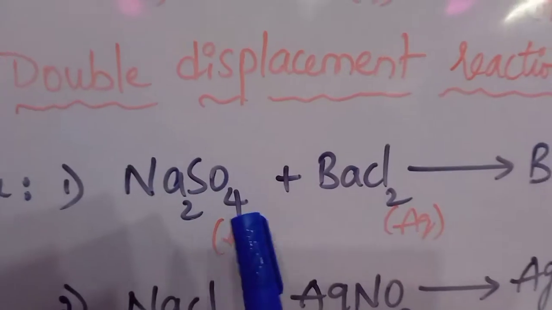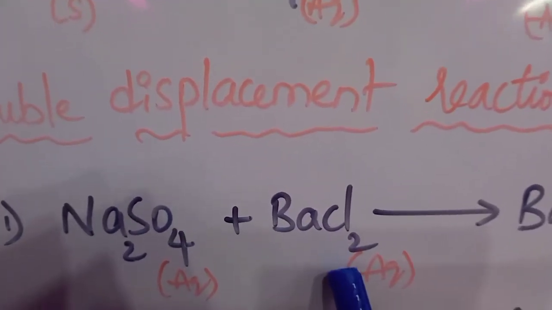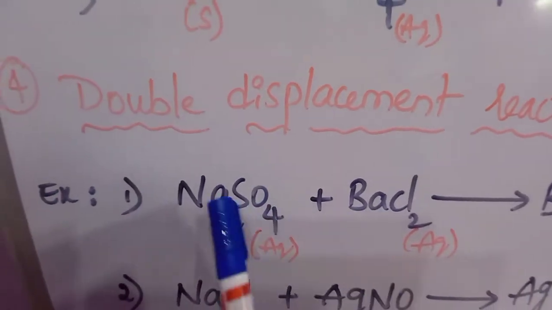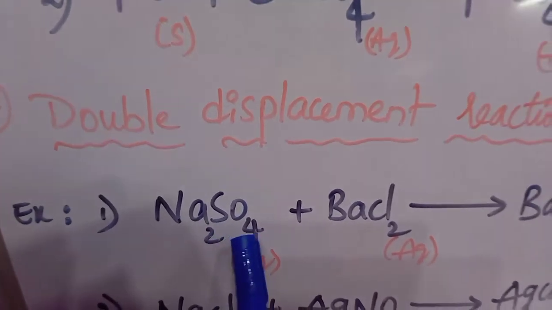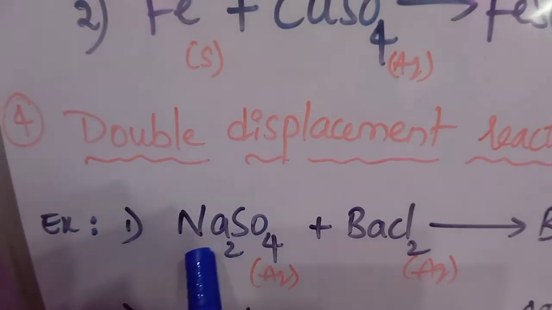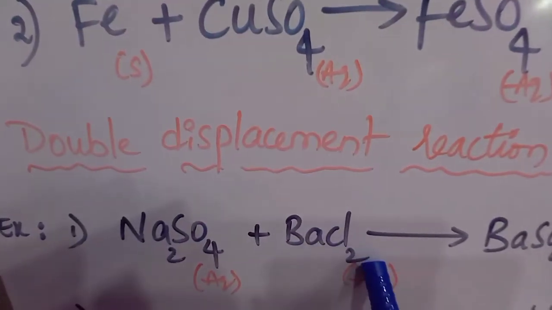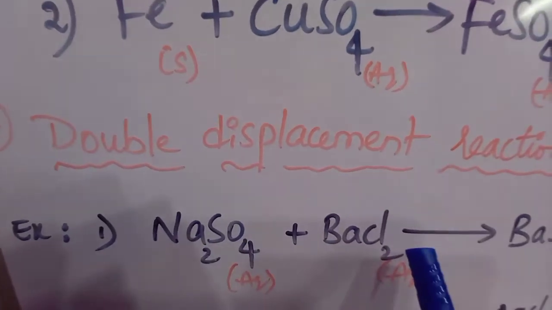So we have to take aqueous sodium sulfate solution in one beaker, and in another beaker we take aqueous barium chloride solution. Then add both the solutions together. What happens is the sodium sulfate decomposes into its ions. That means in the aqueous solution state, sodium ions and sulfate ions are freely moving, and in the aqueous barium chloride solution, barium ions and chloride ions are freely moving. So between these ions, the oppositely charged ions will attract each other.